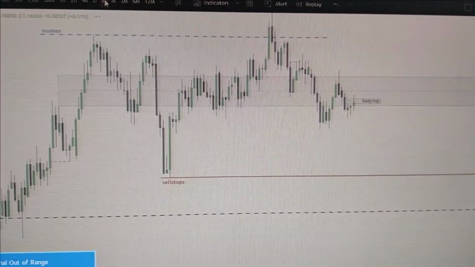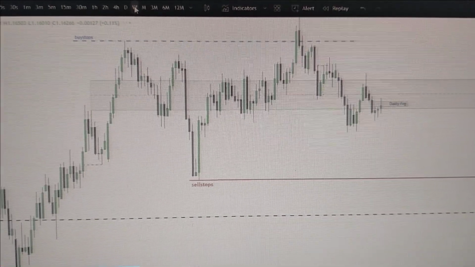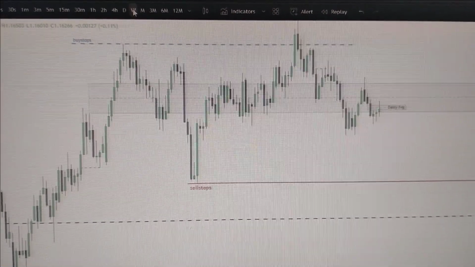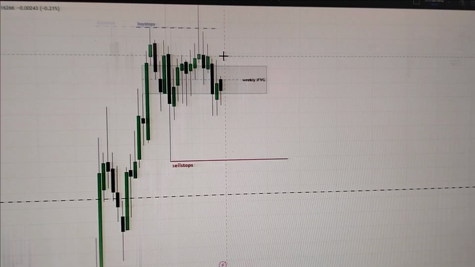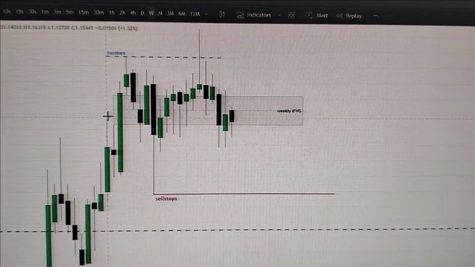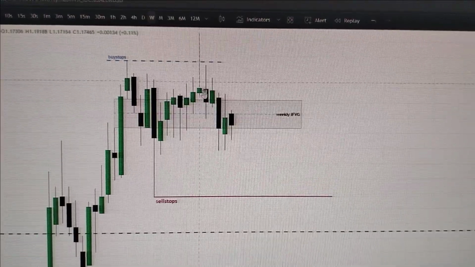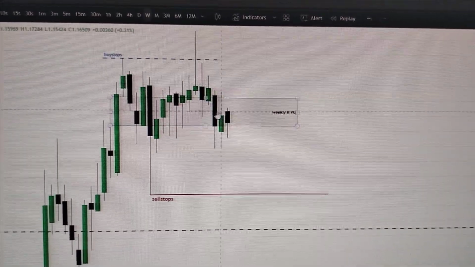So on a weekly time frame, you can see this fair value gap which was inversed so many times, and it created an inversion fair value gap.